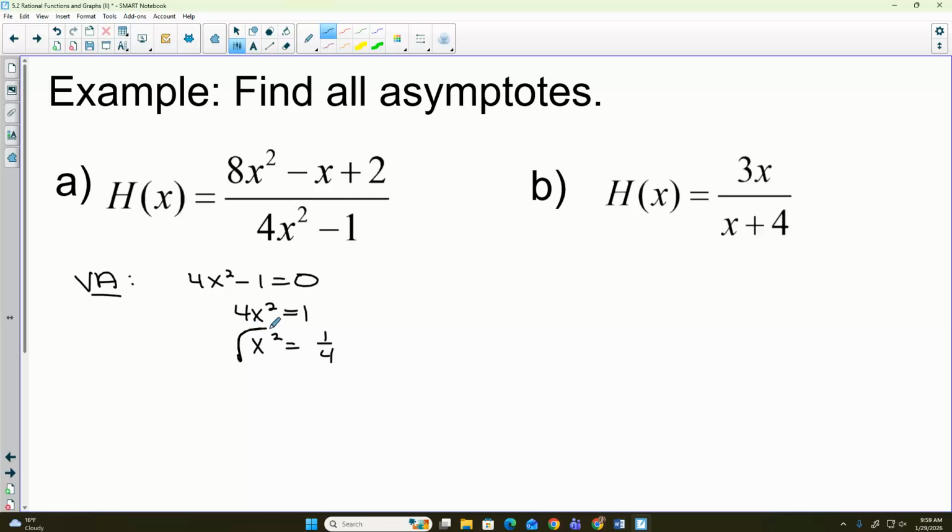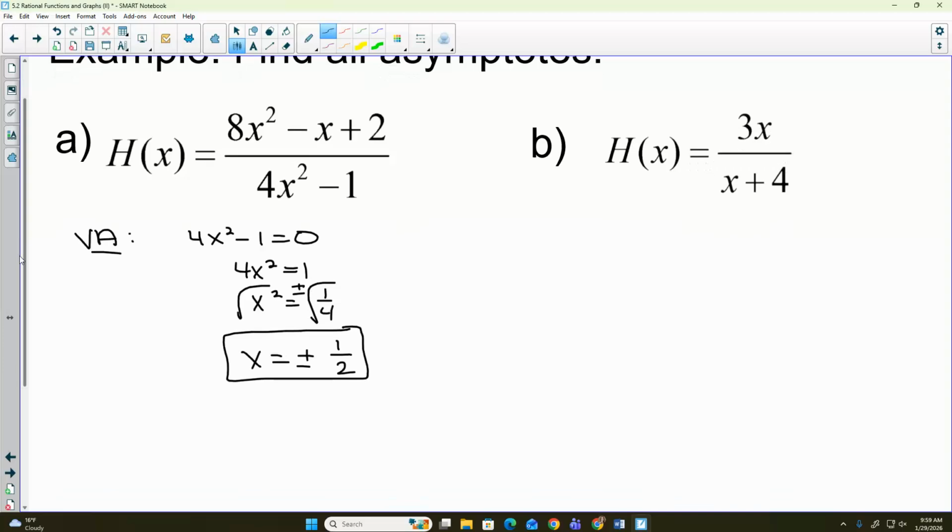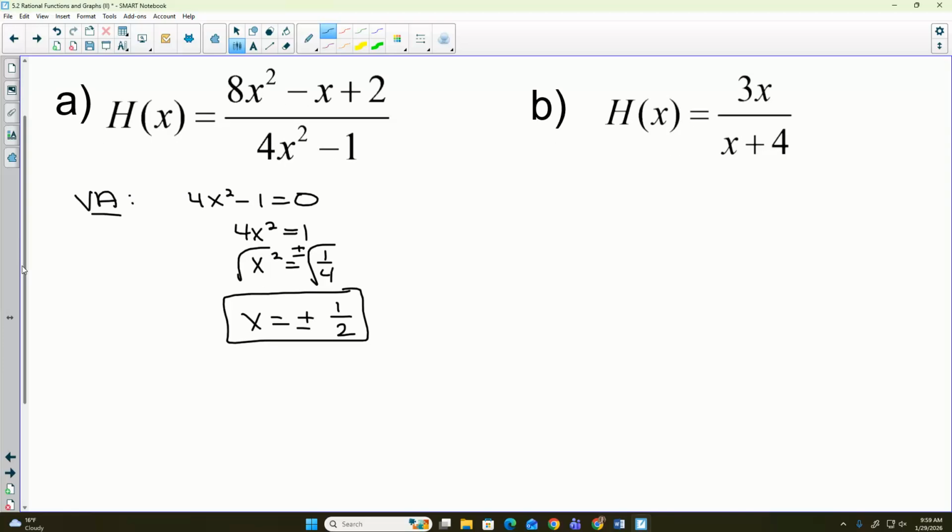To get rid of a square, we square root, plus and minus. What's the square root of 1? Square root of 4. So we have 2 vertical asymptotes, positive and negative 1/2. Asymptotes are lines. You have to give me the equation. If you just say plus and minus 1/2, you're going to get it wrong. You have to say the x equals. So that's the line that we would draw dashed on our paper.